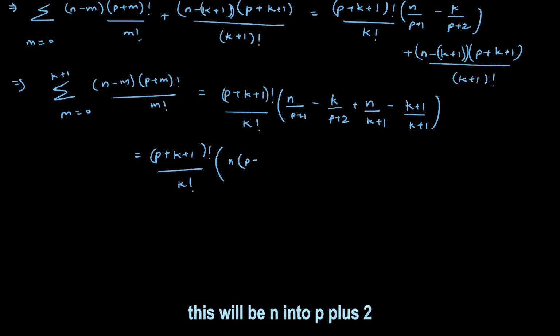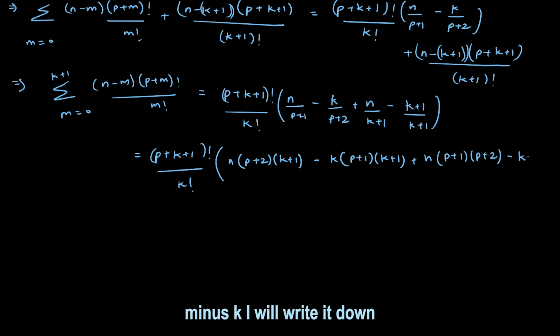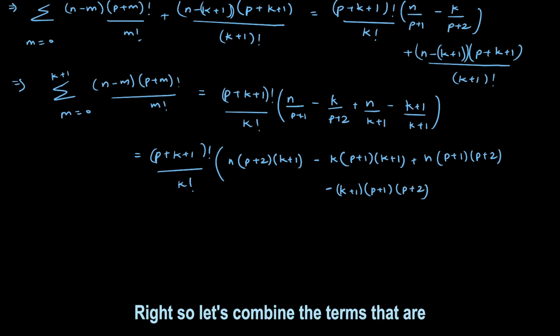So this will be n into (p plus 2)(k plus 1) minus k into (p plus 1)(k plus 1) plus n into (p plus 1)(p plus 2) minus (k plus 1) into (p plus 1)(p plus 2), right?